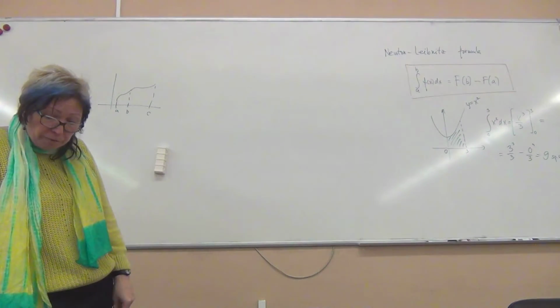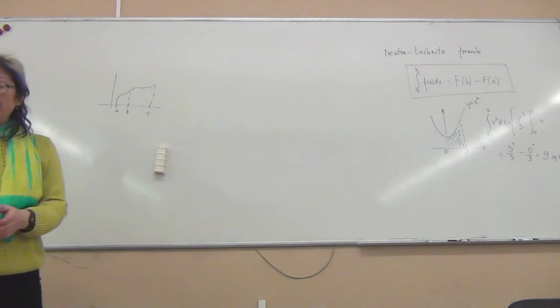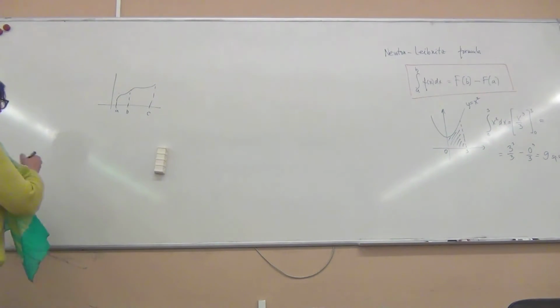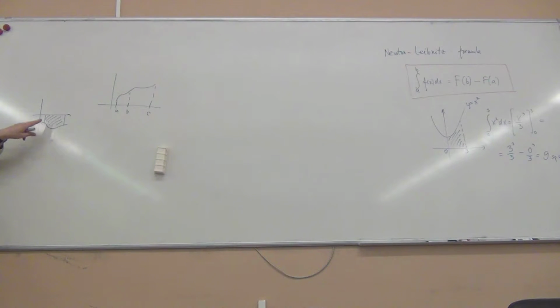And finally, if the function in the integral is negative, we can still find the area between the graph of a negative function and the x-axis. If we integrate, of course, a negative value times dx, this integral will be negative.